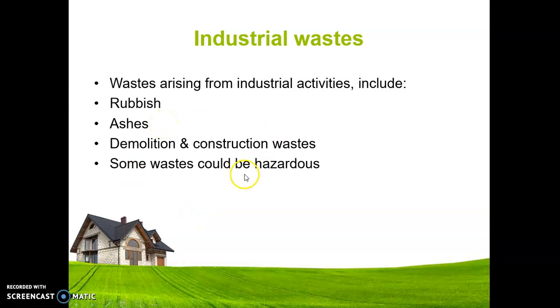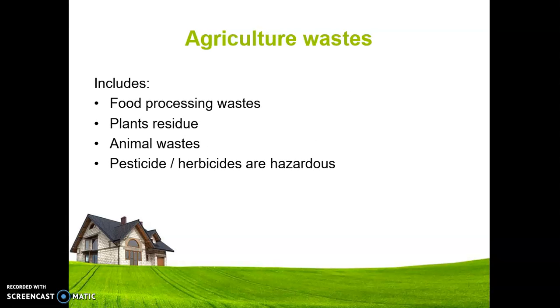And some waste could be hazardous, so there is hazardous waste in the industrial waste, right? The next one is agricultural waste. This includes food processing waste, plant residue, animal waste, pesticide, and herbicide. These can also be considered as hazardous waste, right?